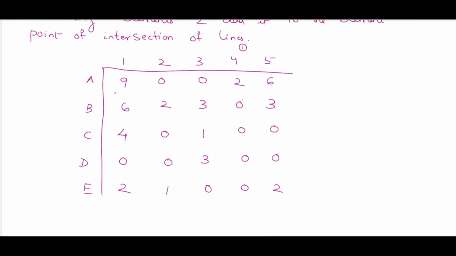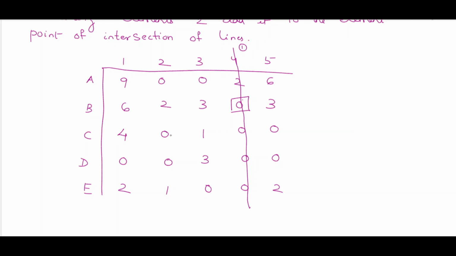Now we will work out. See, first we will go for row-wise scanning. First row has 2 zeros, so it is ruled out. So we will now scan the second one. Second row has 1 zero. So we will mark this 0 and cut along this column, and this is the first line covering all zeros.